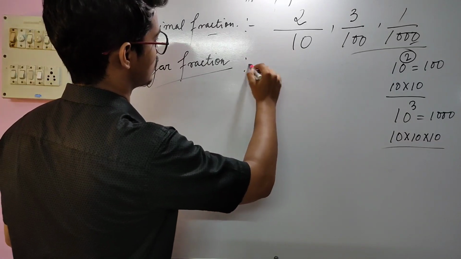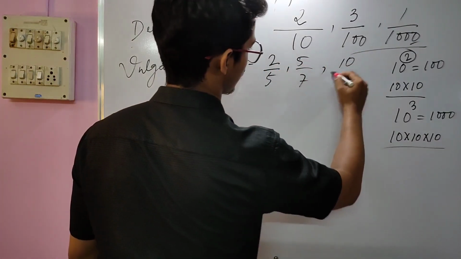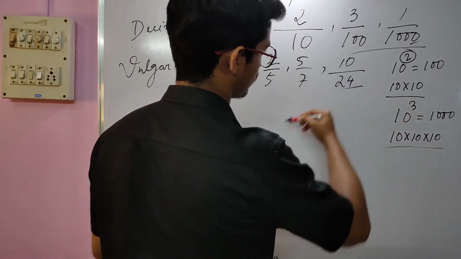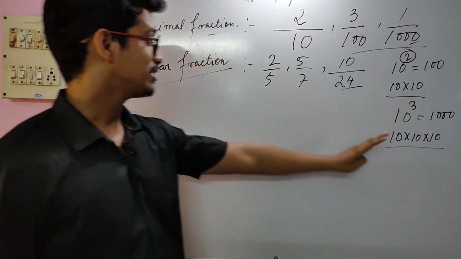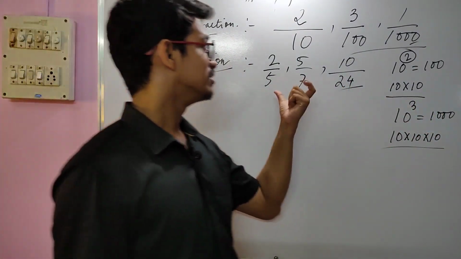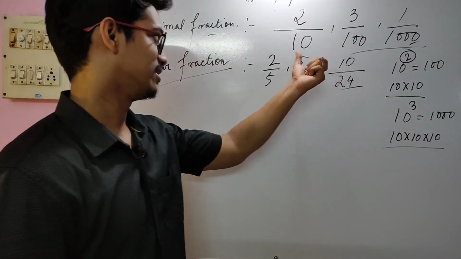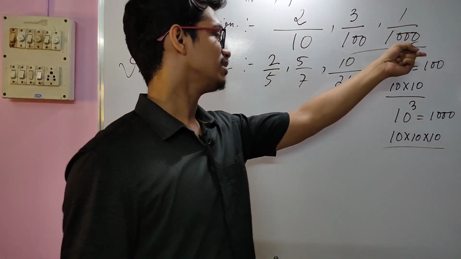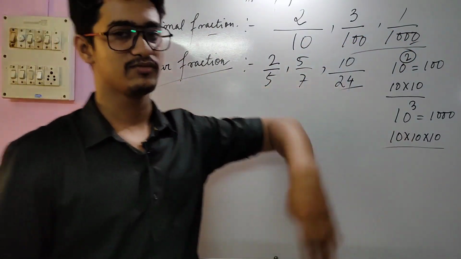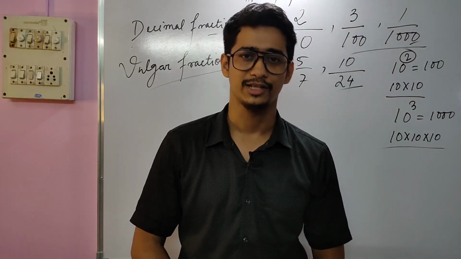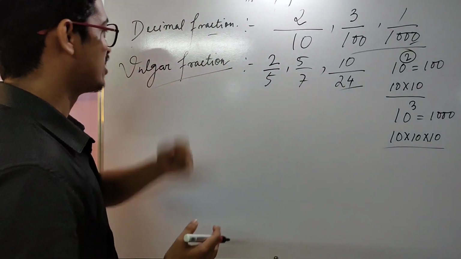So let's say 2 by 5, 5 by 7, let's say 10 by 24, these are all vulgar fractions, where the denominator is not a multiple of 10. Let's say 10, 100, 1000 are the multiples of 10, but 5, 7, 24 are not multiples of 10. So these are the fractions which are denoting vulgar fraction.